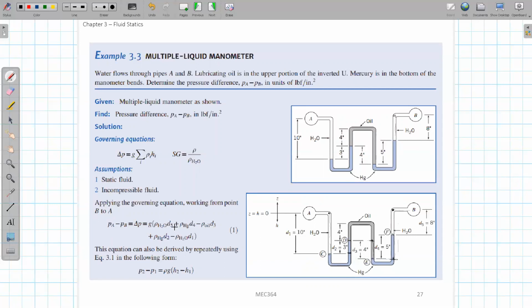So just bring in the densities for H2O, for the mercury, for the oil, and all the distances D1, D2, D3, D4, D5, and you can quickly calculate the pressure difference. So this is how to use this equation to calculate it.